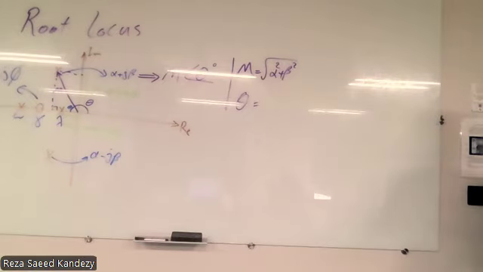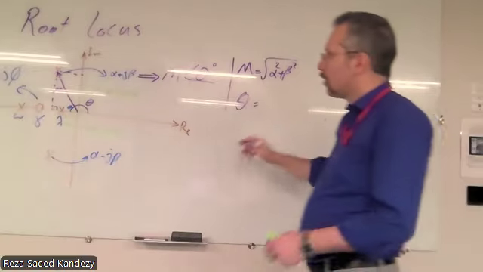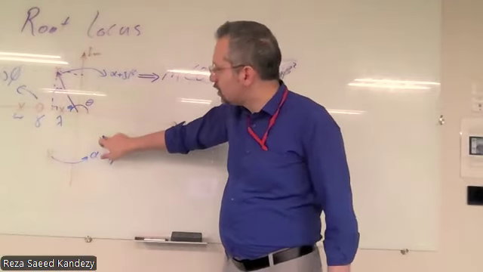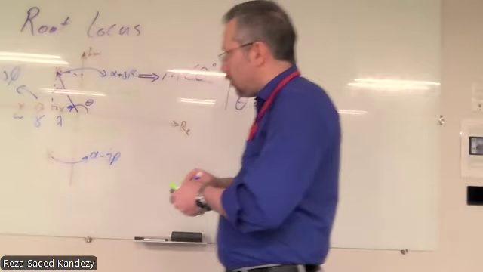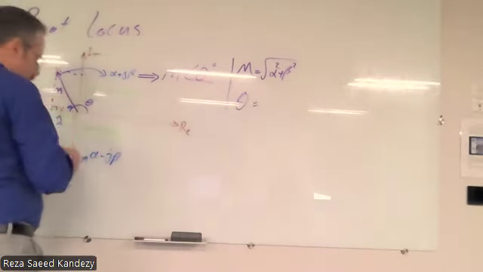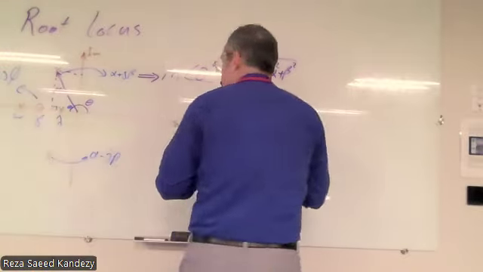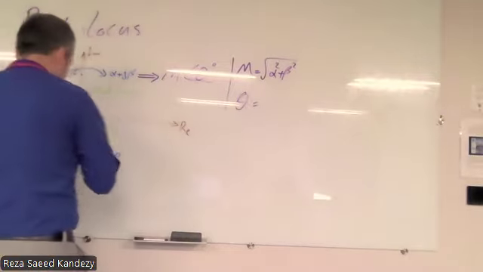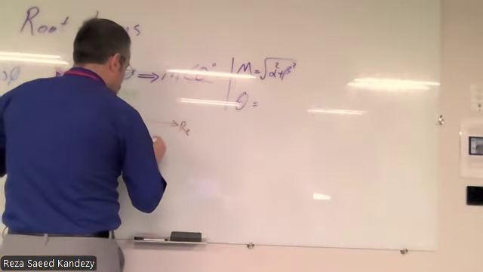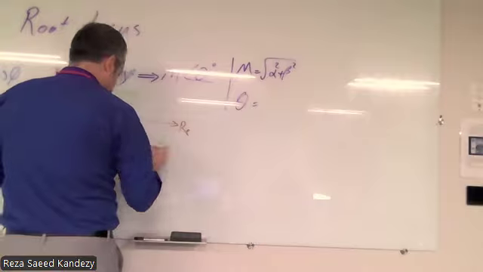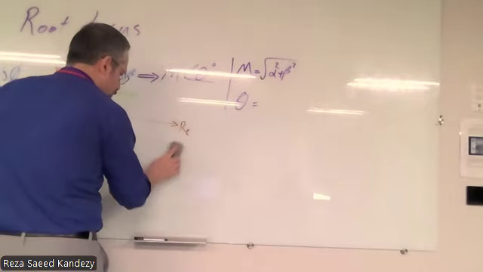Are we good? Now, if this is sine and this is cosine, times m, I can find the tangent of that theta.